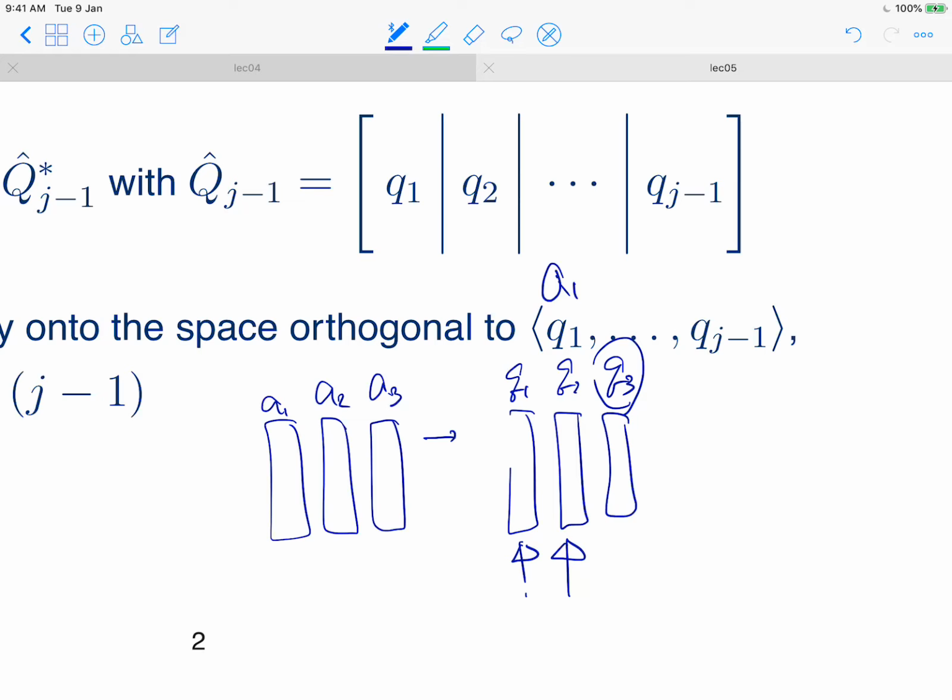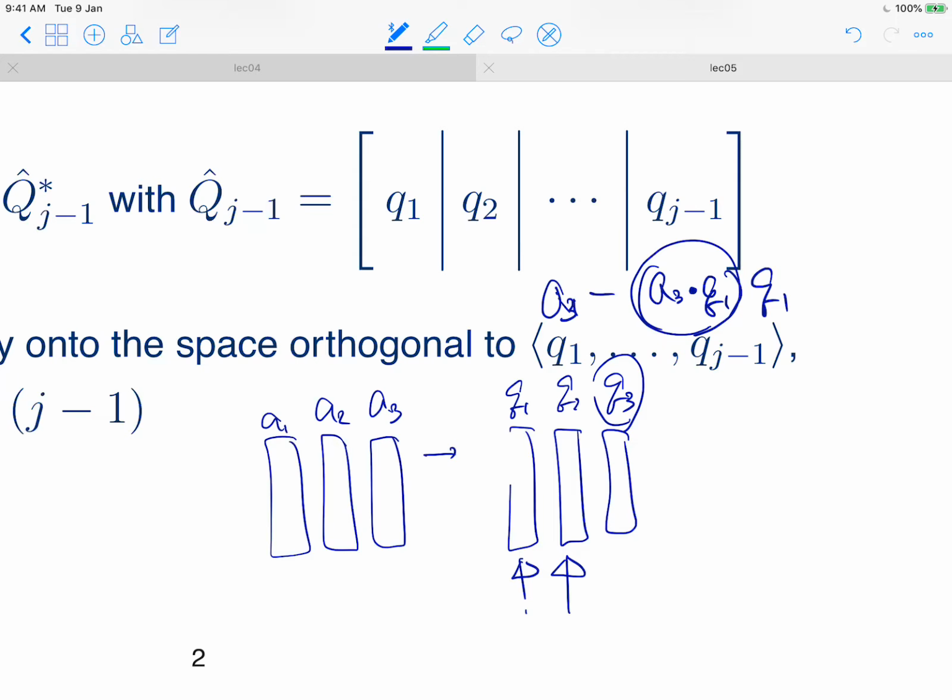So it can be represented as A3 minus the inner product of A3 and Q1 times Q1, right? This inner product corresponds to the length of this line segment along Q1.